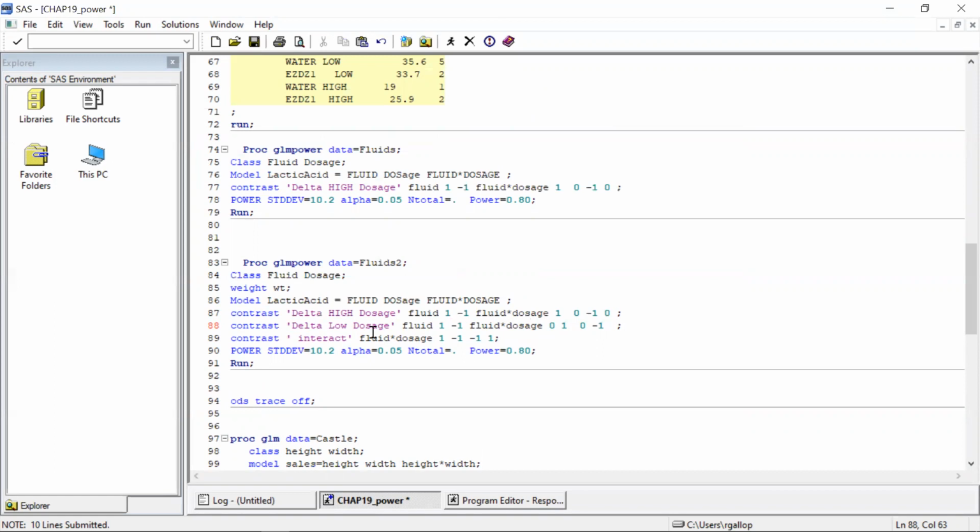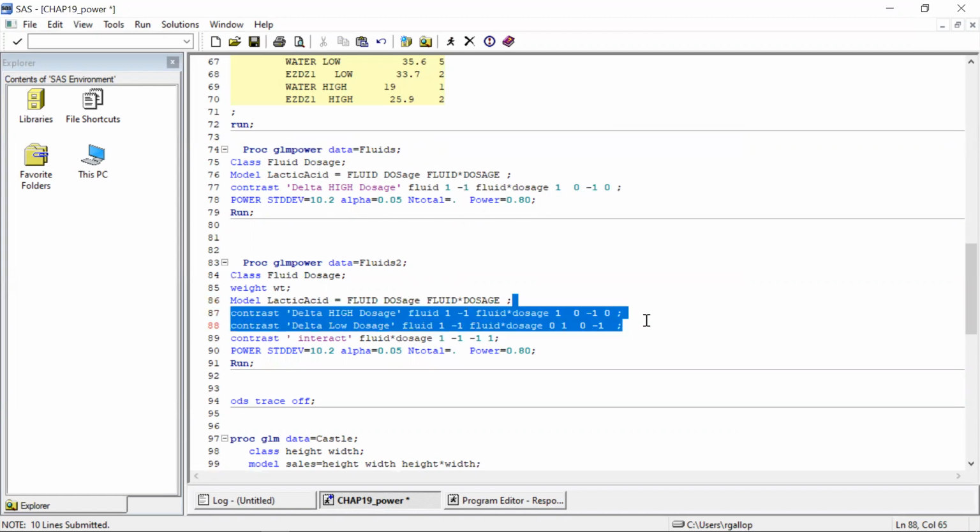And then namely, the interaction is how the difference in high dosage across fluid compares to the difference in low dosage across fluids. So if we subtract this coordinate-wise, 1 minus 1, 0, -1 minus -1, 0, so the fluid term drops out.